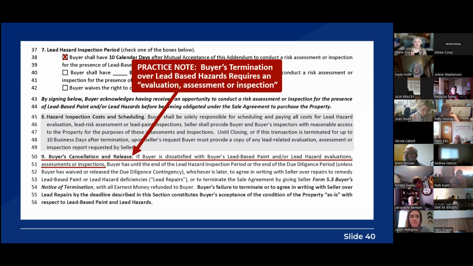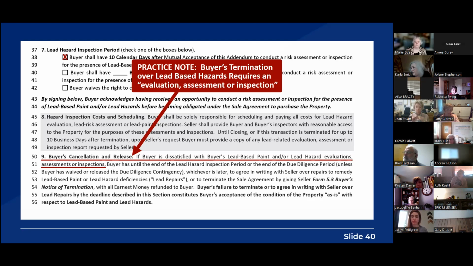The termination does require that there is an actual test. You can't just say, hey, I'm using the lead-based paint as a way to cancel out the transaction. Nope. You've got to have an actual test. Yes, it could be one of those little Home Depot sticks, though that's probably a bit of a thin line.